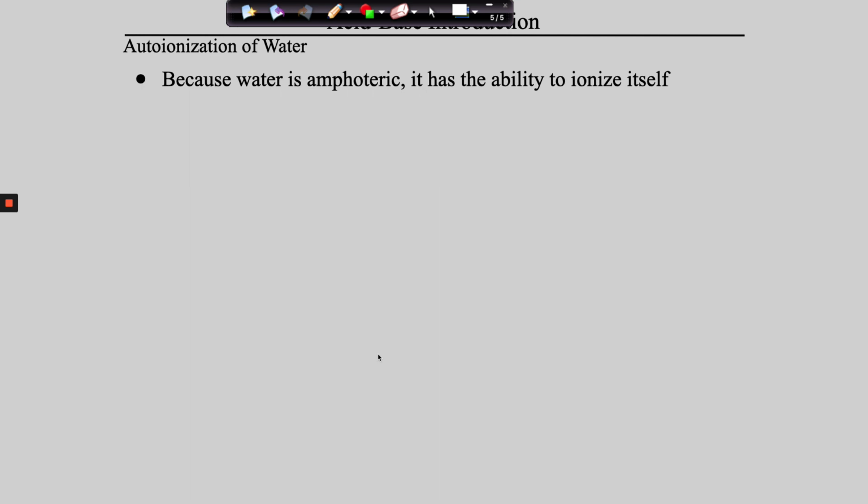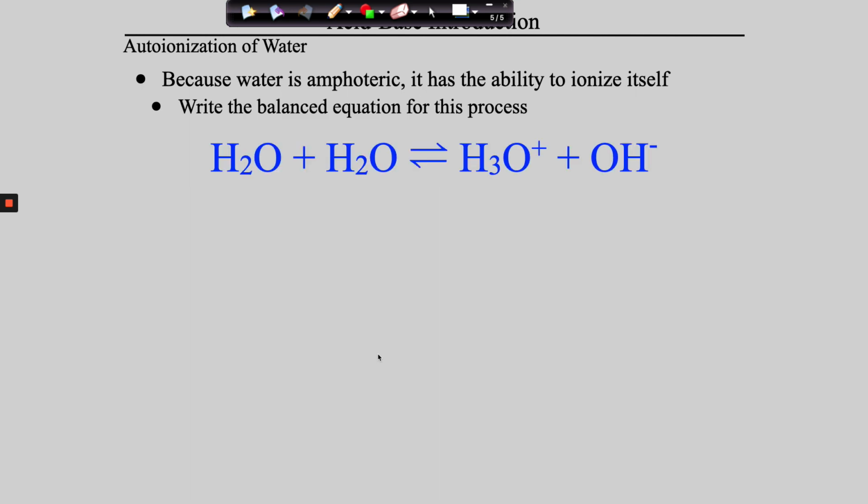And so at any given moment, these can actually function as acids towards a neighbor or as a base towards a neighbor. So say for example that this water molecule, just because of randomness, functions as a base. Well, what's it going to do? It's going to take in a hydrogen. And when it does, we're going to end up with hydronium and OH minus. So, guys, this is the balanced equation that represents this process.